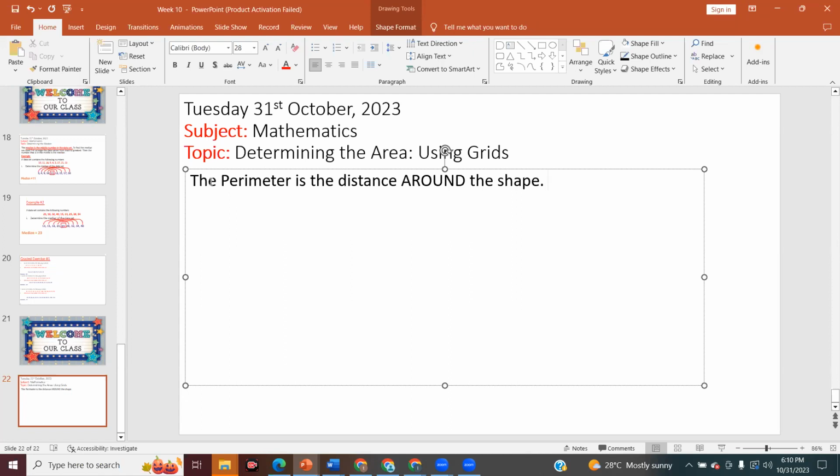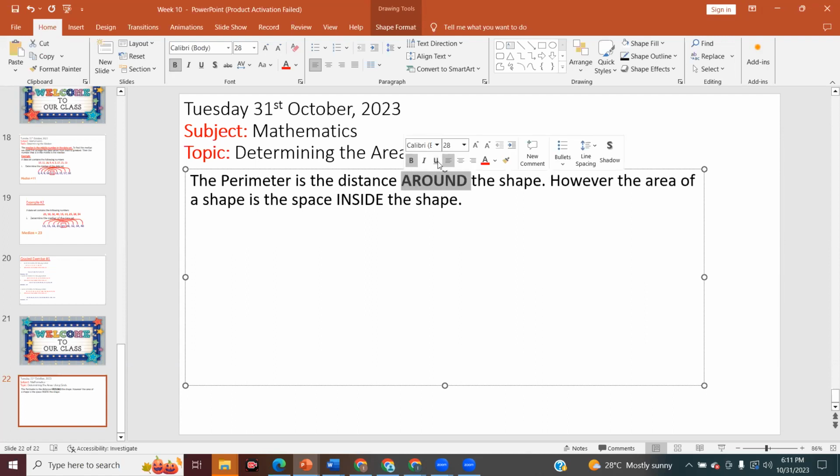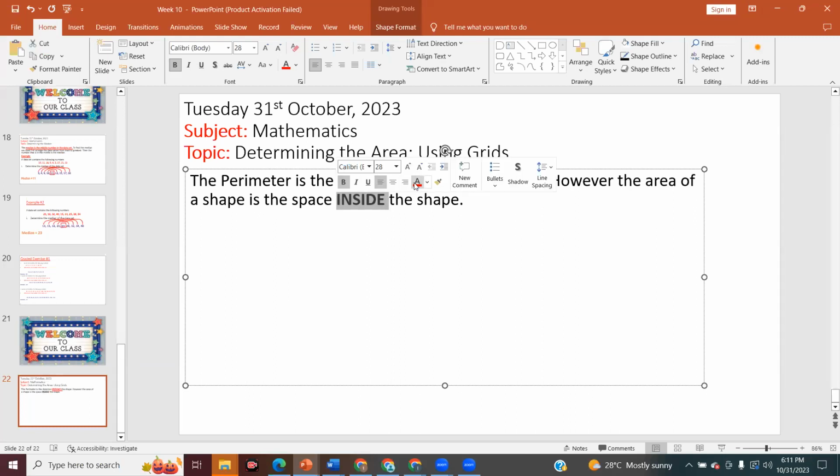However, the area of a shape is the space inside the shape. That's the big difference right there. The distance around the shape is called the perimeter, but the space inside the shape is called the area.